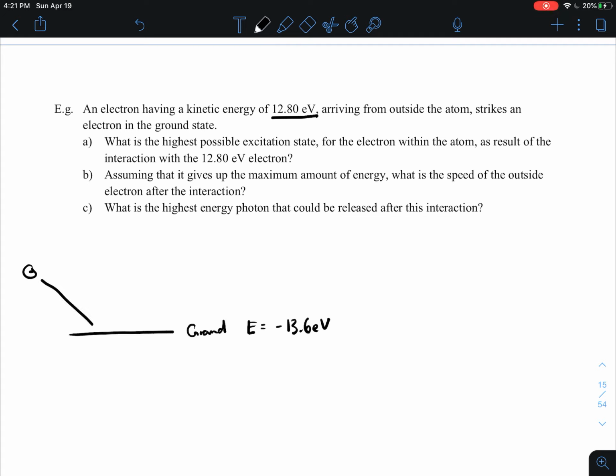An electron comes in, and it has 12.80 electron volts coming in. It's going to give all of it as it possibly can to the atom until it can't reach the next step. We have all these different energy levels that we saw before.